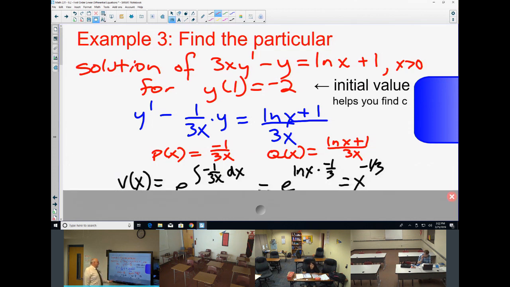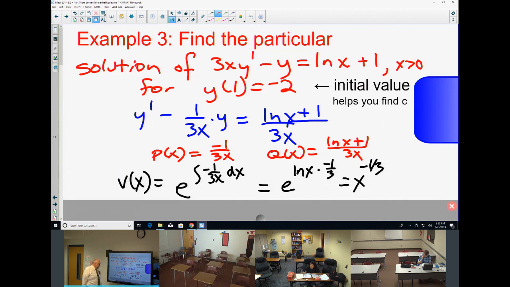And so now I say, okay, find v of x. So v of x is e raised to the integral of p of x. So negative 1 over 3x dx. Well, if I think of the negative 1/3 kind of out front or to the side, then I just get the integral of dx over x, so I get the natural log of x.